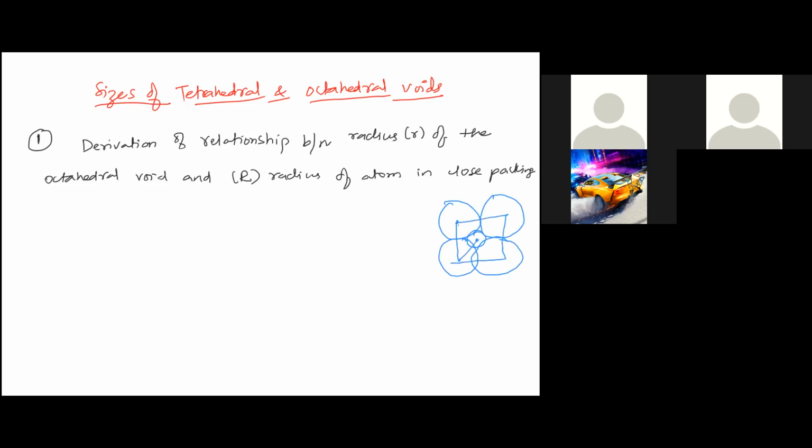From here I have a triangle ABC. You can see this capital R is the radius of the sphere. This capital R also is the radius of the sphere, and this one too. Next, you have r and R, because that is the octahedral void now. So what happens here?